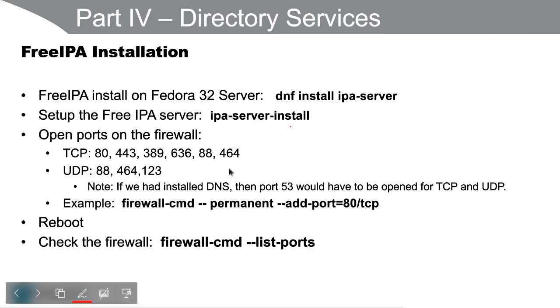Okay, so we got to do the installation of that, and then we need to do the setup, which is going to take a couple minutes as well with an IPA server install. Then we're going to open ports on the firewall.